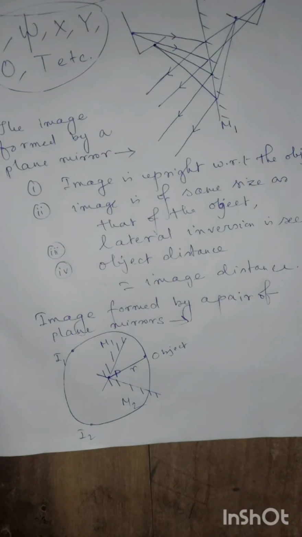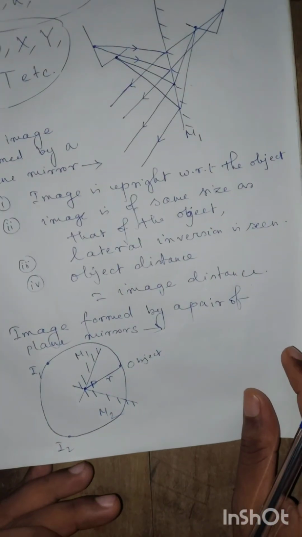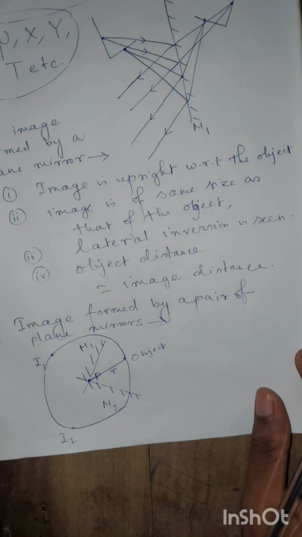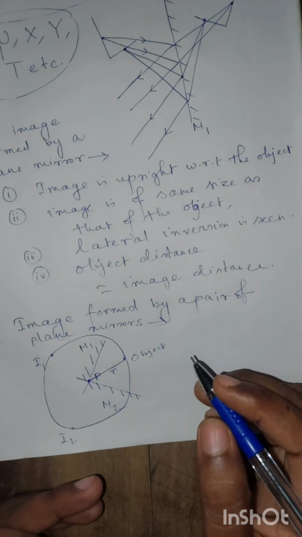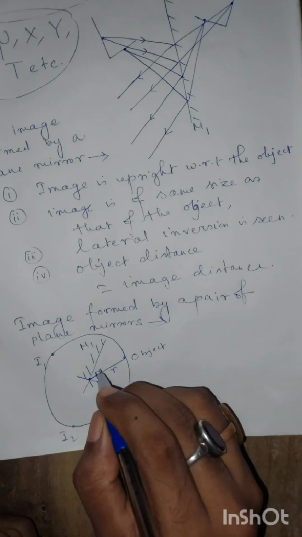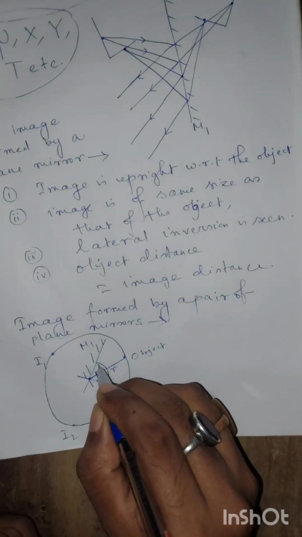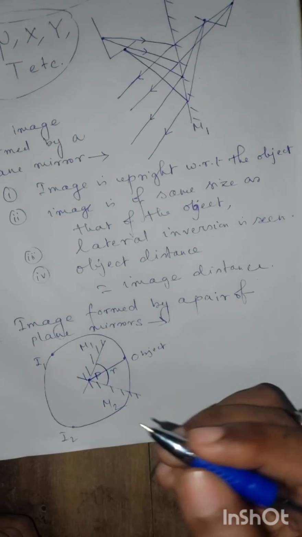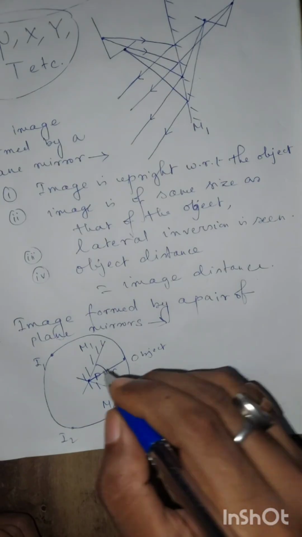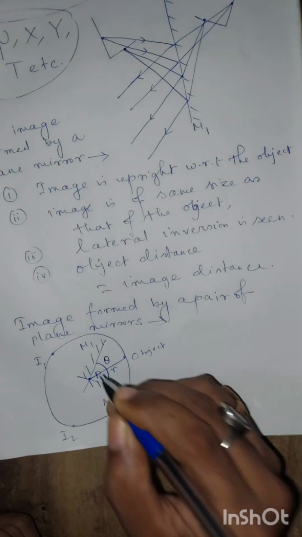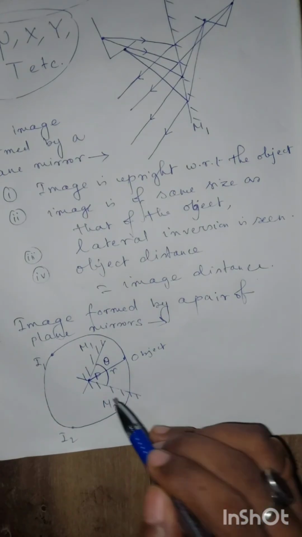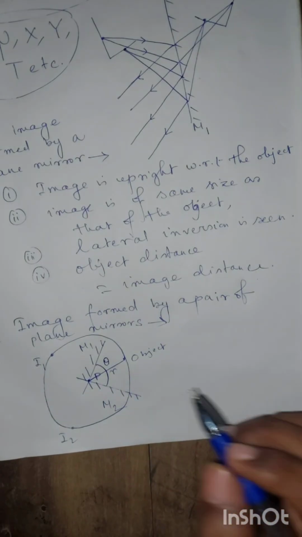Now if we call this angle theta, the angle between these two mirrors is called theta.